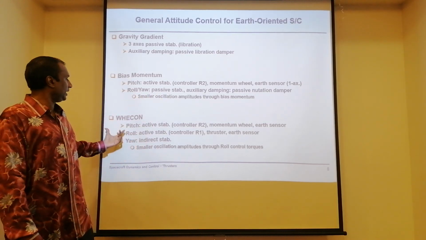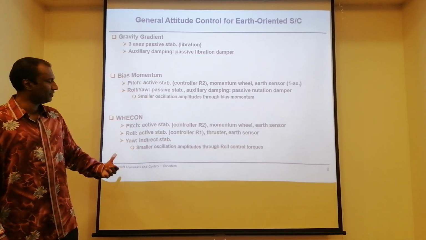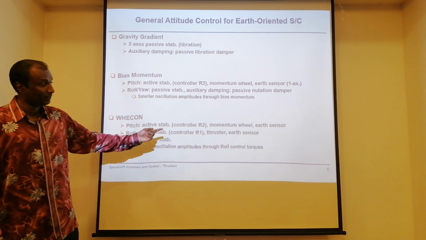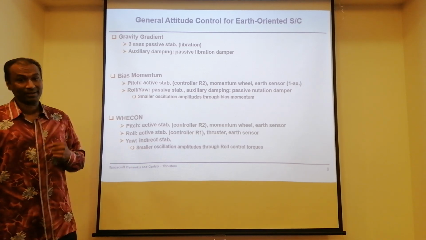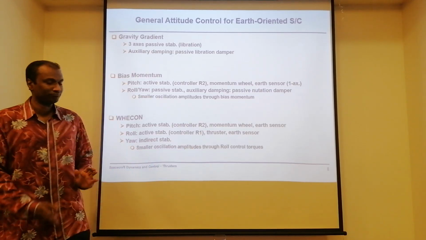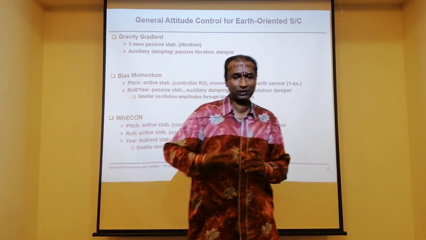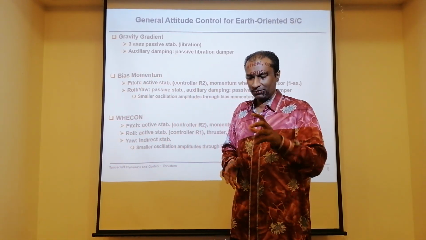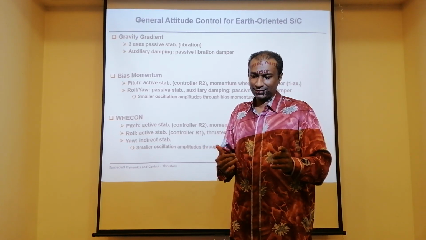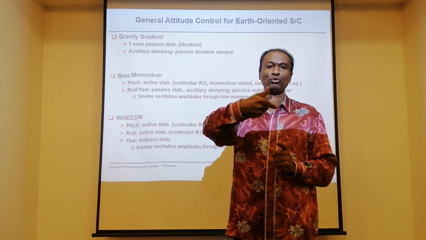Okay, then what exactly is the solution that you have? Pitch is basically active because I have my wheel. Roll is active, I have my thrusters. Yaw is indirect. Smaller oscillation you can still find, but through roll control torques it practically dampens. Because you're already stabilizing it quite well with the passive stabilization, plus the roll control is also going to help control the yaw.